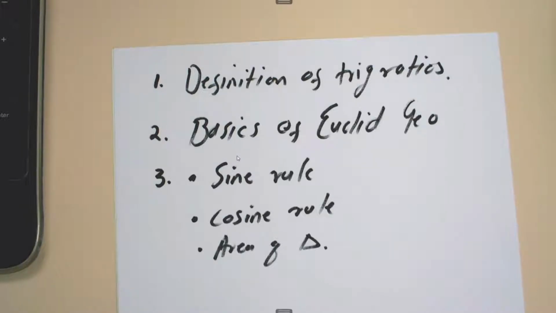Know the basic properties of quadrilaterals, know the properties of triangles, have the basics of Euclidean geometry when we come to solve these problems. Number 3, know your rules: the sine rule, the cosine rule, and the area rule. Those are mainly, not only, but mainly the key concepts that will be very helpful in solving problems related to 3D problems.